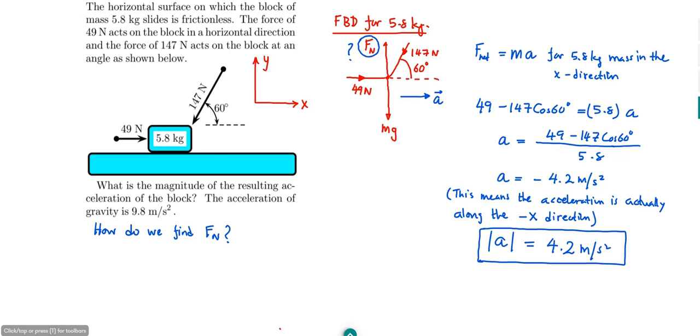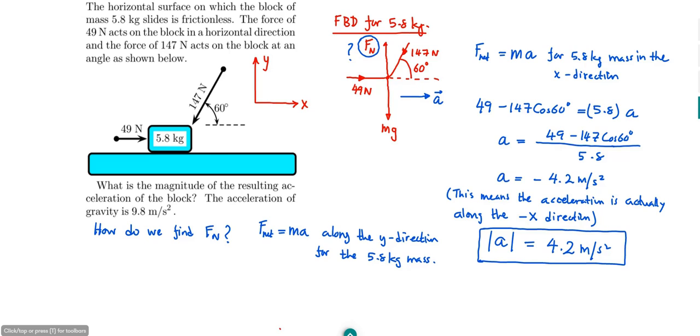So again, we can apply Newton's second law, but this time along the y direction. So let's do that. F net equals mass times acceleration along the y direction for the 5.8 kilogram mass. Okay, so we are going to apply it along the y direction.